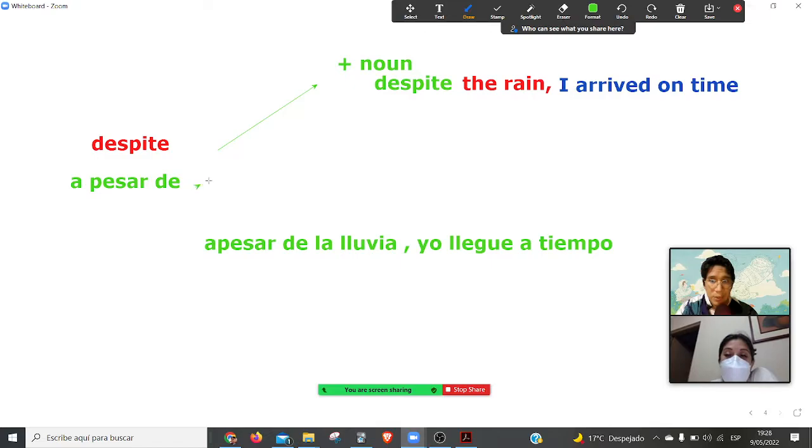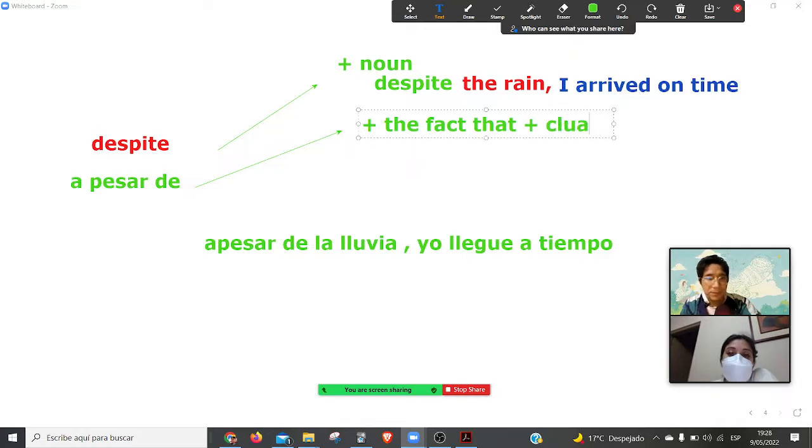Yes. Next, a pesar de plus the fact that. The fact that you need a clause. Carlos, what is a clause? A sentence, a subject, and a verb. Can you say, a pesar de la lluvia, yo llegué a tiempo? ¿Podríamos usar the fact that or not?